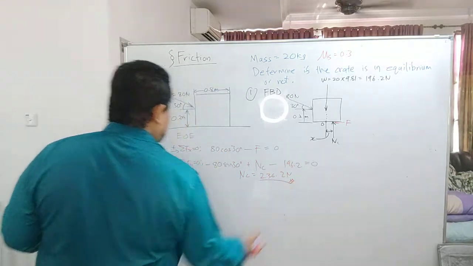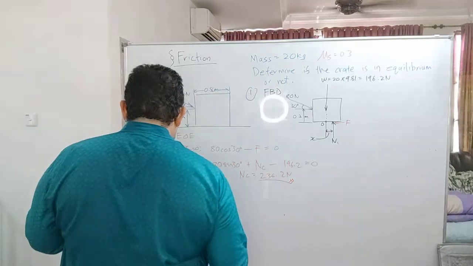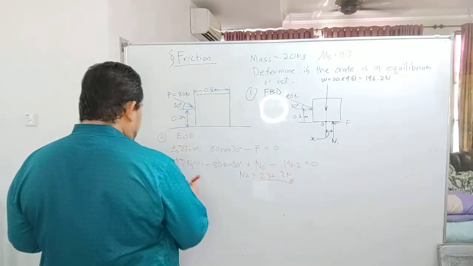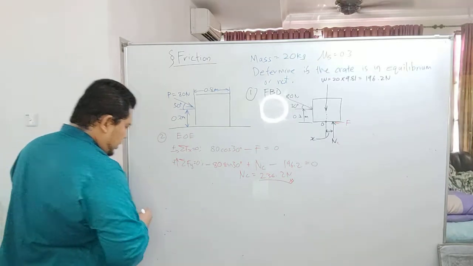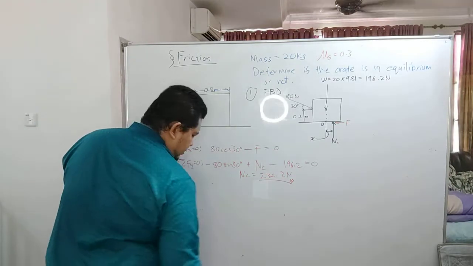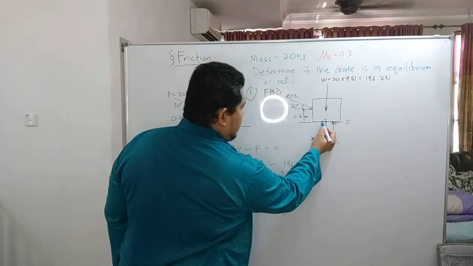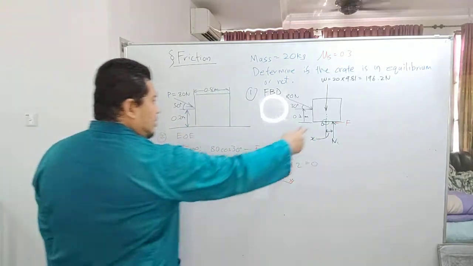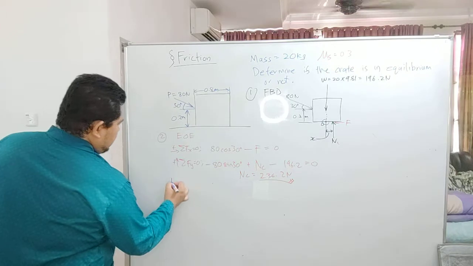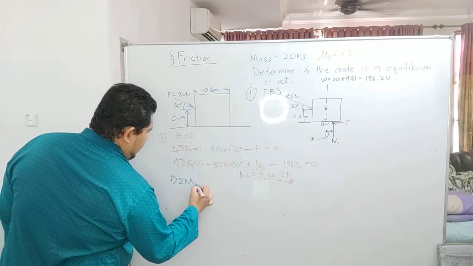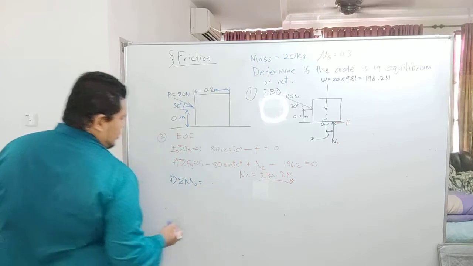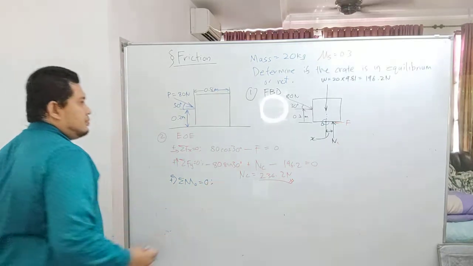Okay, and then the other equation that you need to use is the moment. You need to take moment about O over here. So moment MO is equivalent to 0.